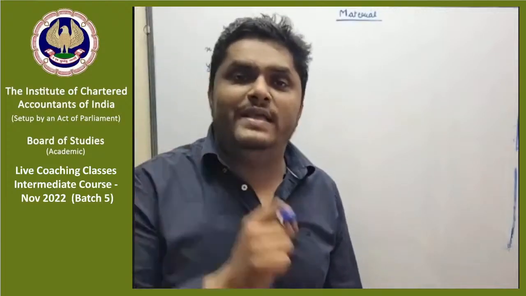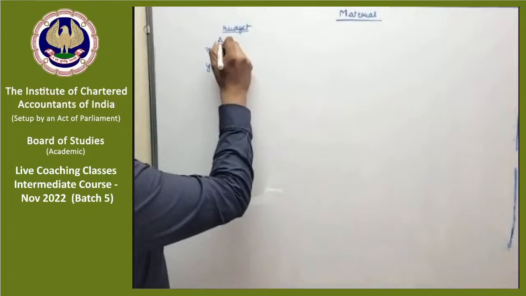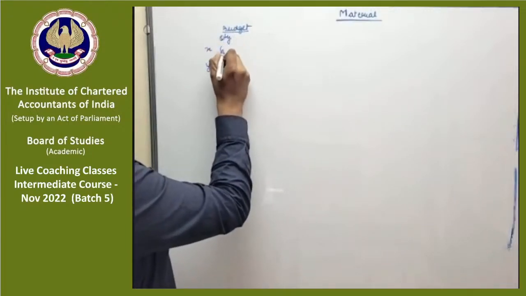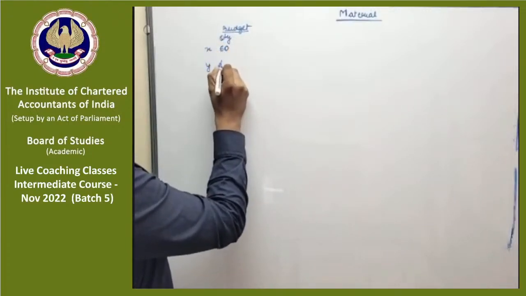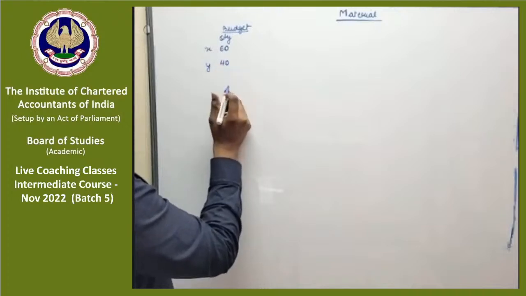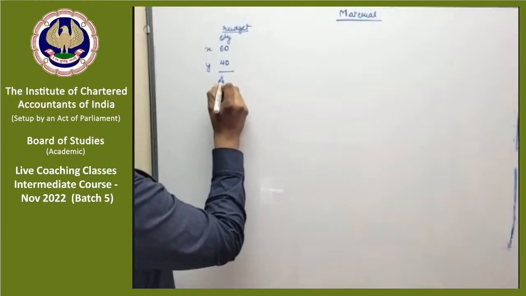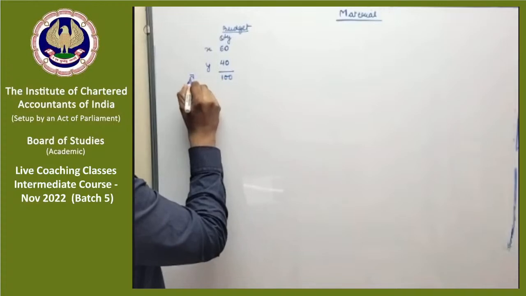When talking of X, if we are consuming 60 kgs of X, then we have to consume 40 kgs of Y. So my total input will be 100.